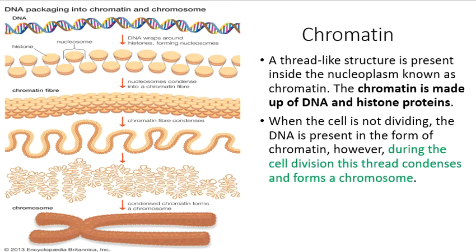The number of chromosomes is specific to every species and stores all the genetic information required for the existence of that animal. For example, a human cell contains 46 chromosomes while 8 chromosomes are present in a fruit fly.